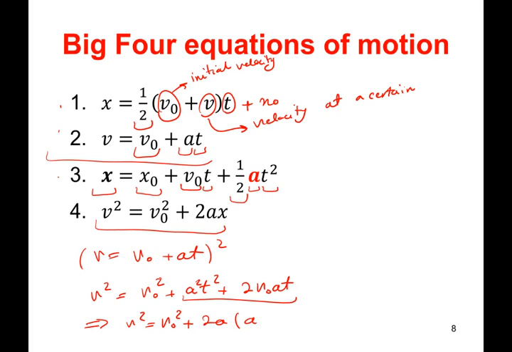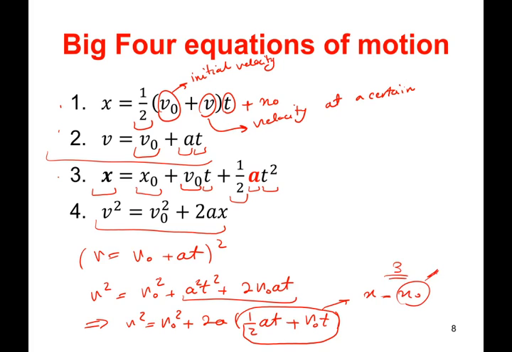Okay, so you're going to get 1/2 a t plus v naught t, which is x minus x0 from the third equation, right?